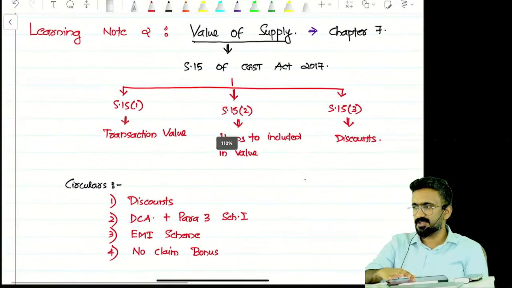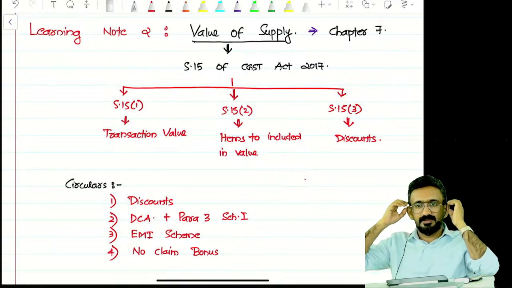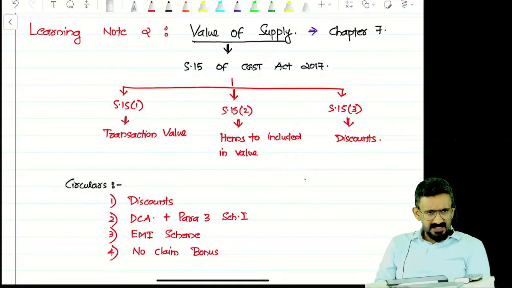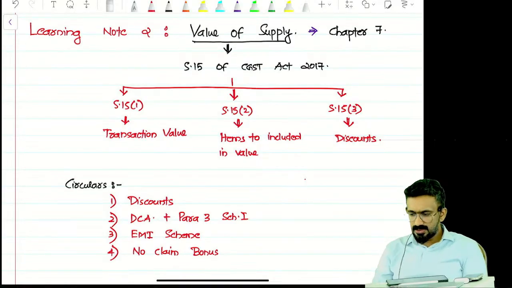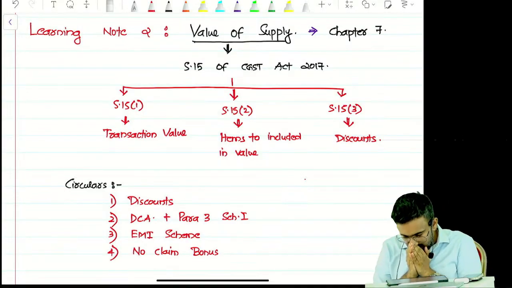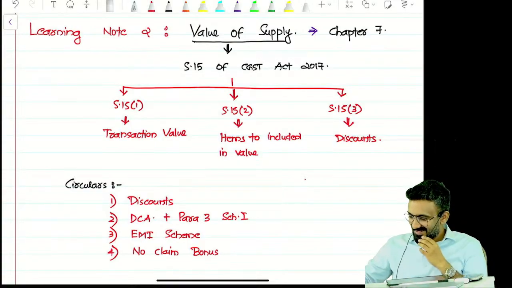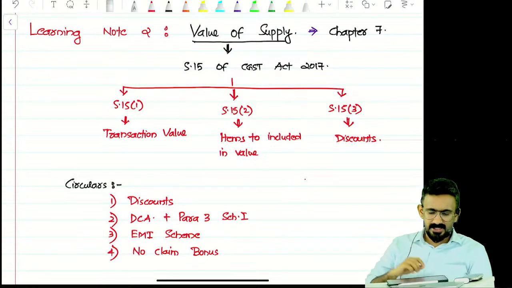This chapter has what is section 15? What is value of supply? Then section 15 has 3 subsections: 15 subsection 1, 15 subsection 2 and 15 subsection 3. We also learn together with it a few circulars, which can also be slightly tricky.